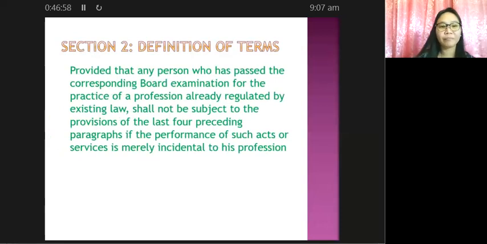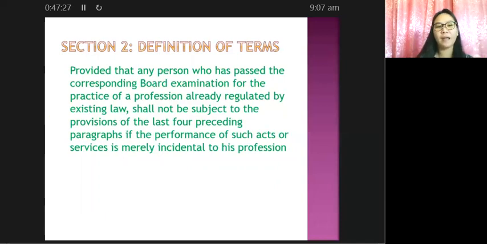It says there that any person who has passed the corresponding board examination for the practice of a profession already regulated by existing law shall not be subject to the provisions of the last four preceding paragraphs if the performance of such acts or services is merely incidental to his profession.